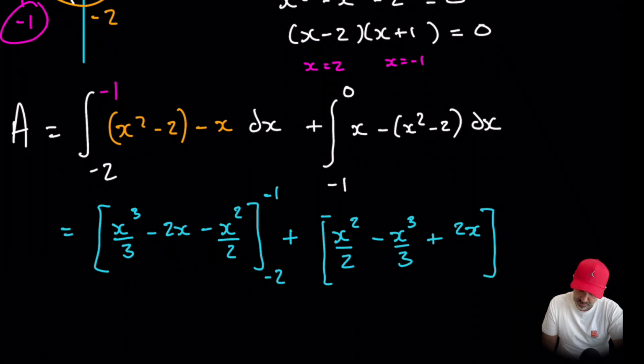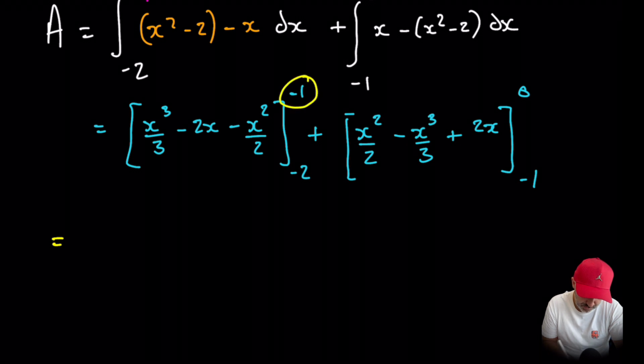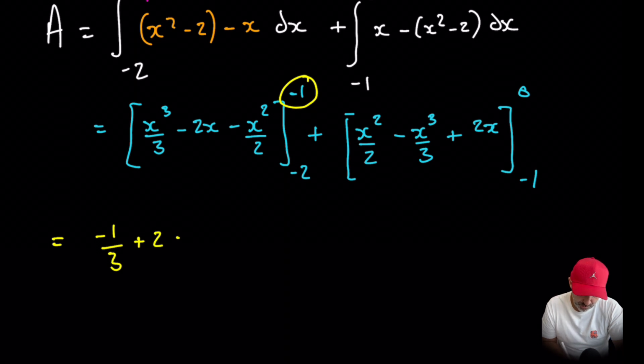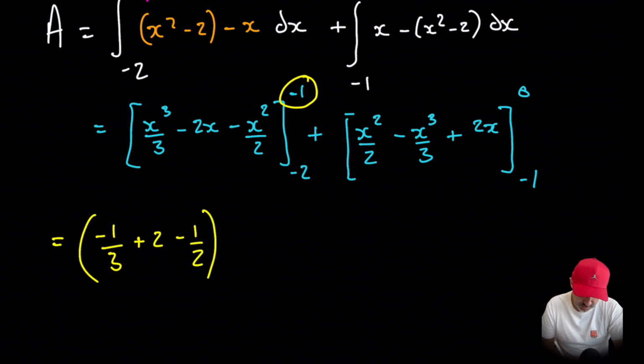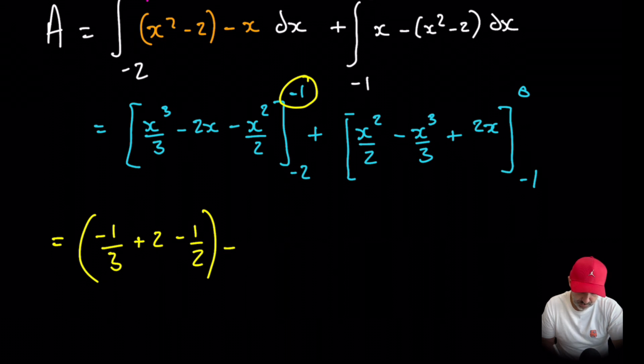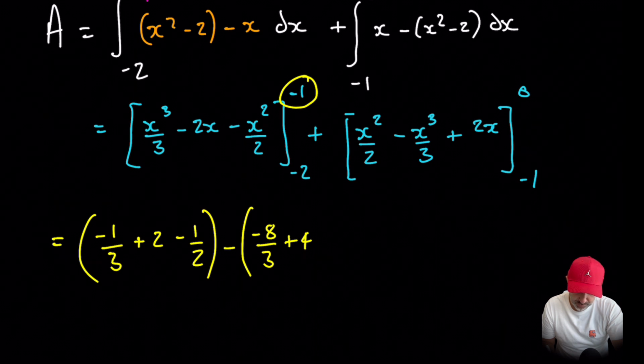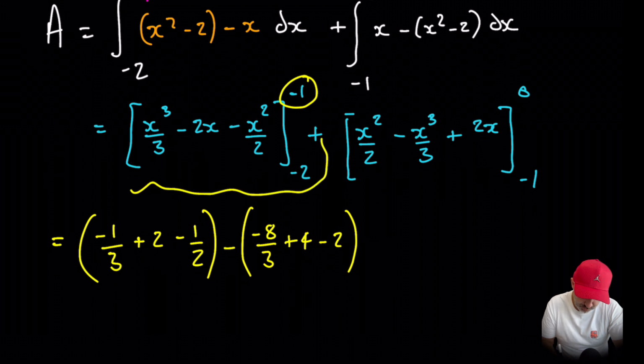With limits 0 and -1. So we're going to substitute in the upper bound. That's going to be -1 over 3, plus 2, and this will become -1 over 2, and that's subtract, and then we'll plug -2 in, so we're going to get -8 over 3, and this will be positive 4, and this will be 2 over 2, so 4 over 2, which would be -2. Okay, now that is just this bracket that I've just done.